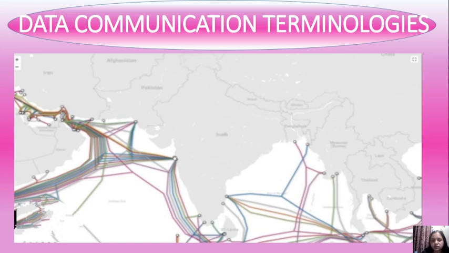In between, you can see in this picture, India's map is given. You can identify it, and you can see the cables are connected. So this is just an image.